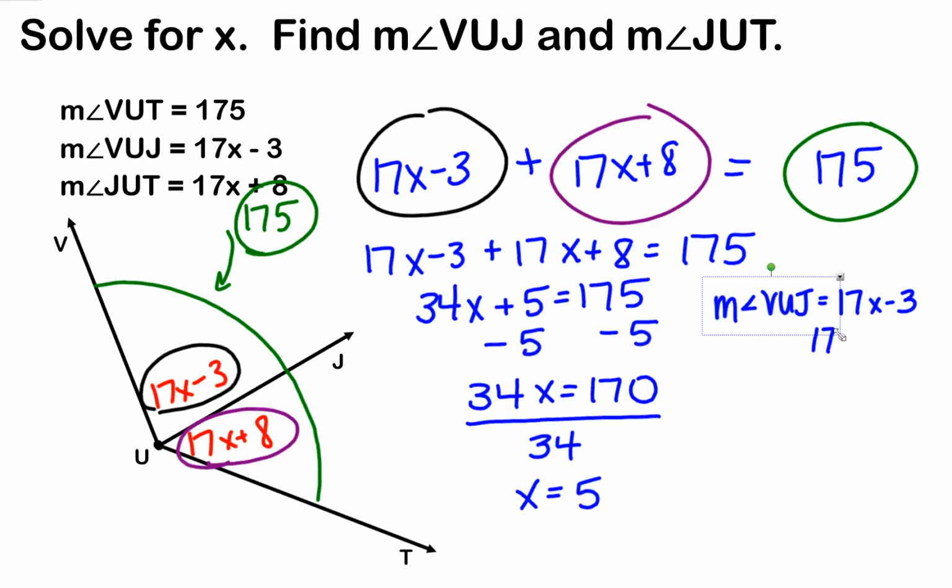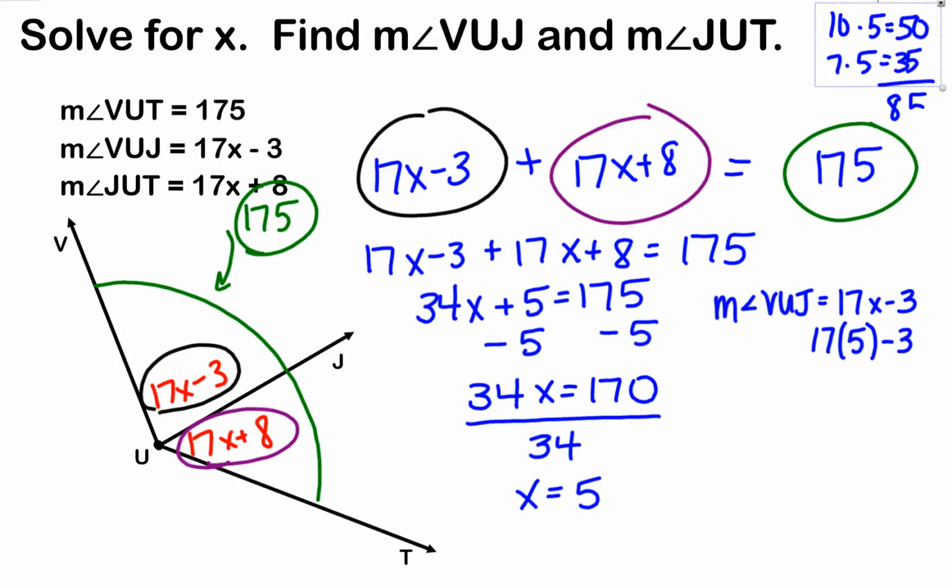So 7 times 5 minus 3, and 7 times 5 is 35, so that's going to be equal to 35 minus 3, which is 32. So the measure of angle VUJ is equal to 82.